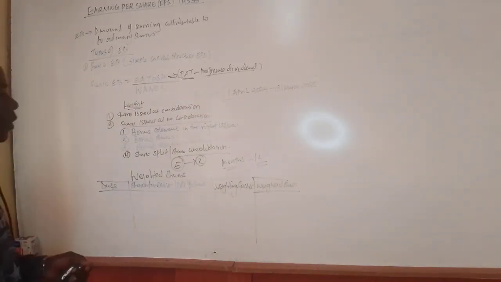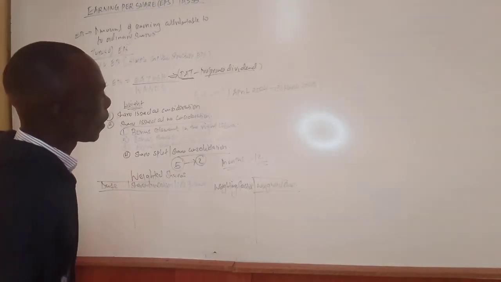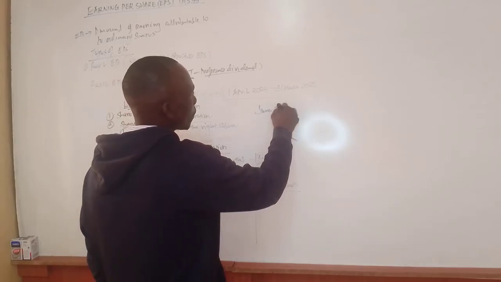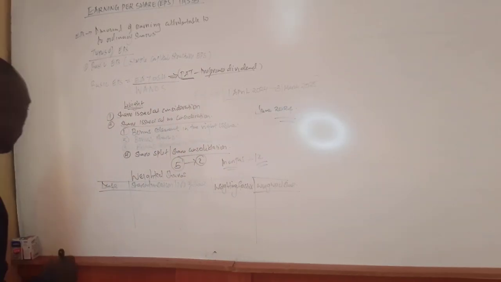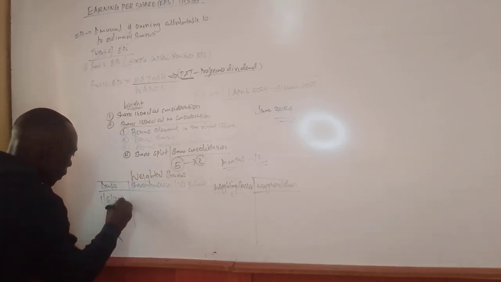So this financial year, for example, if you issued the shares and were fully paid on June, let's assume it was on June 2024. So in this case, our date will indicate here 1st June 2024.